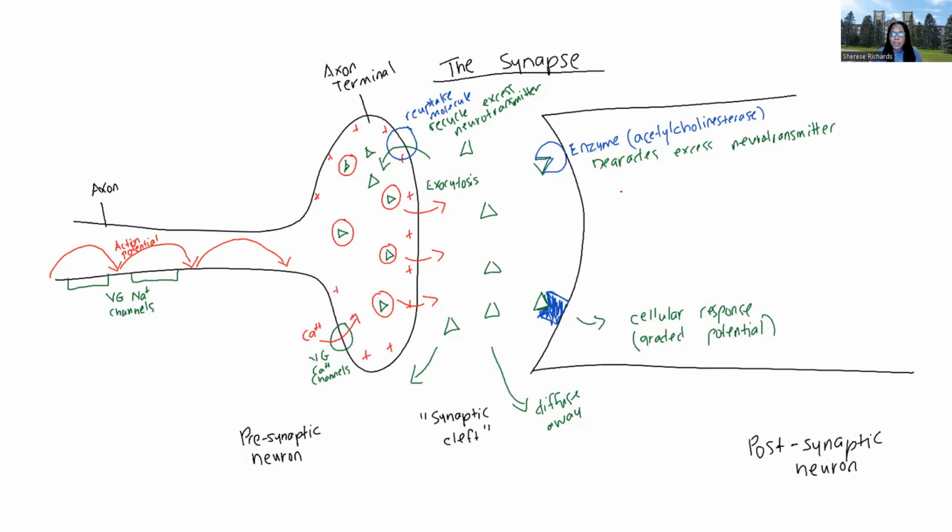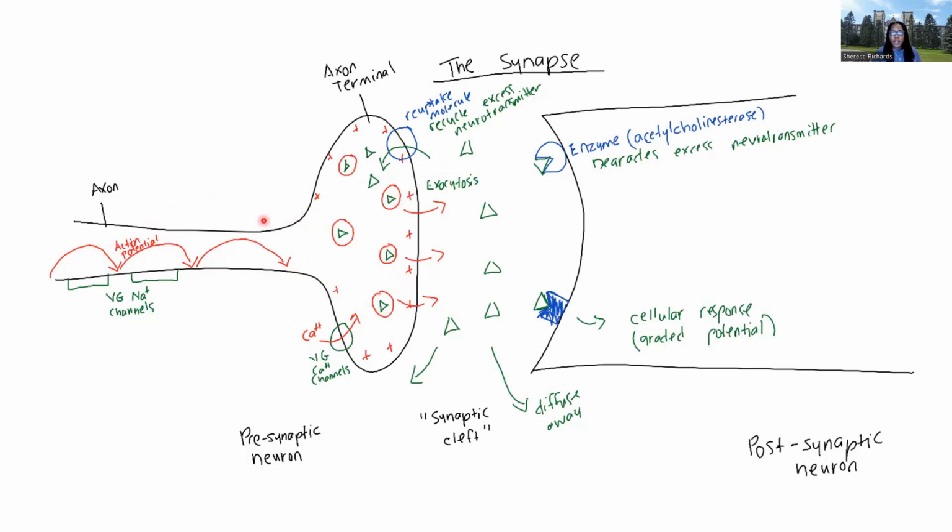So the chemical synapse, we said, happens at a neuron to another type of cell or another type of neuron. And basically, here we're not just going from one cell to the other really quickly. Here we have to transfer that energy from electrical, which is the action potential moving down the axon, to chemical energy.